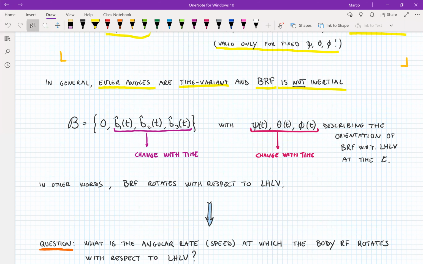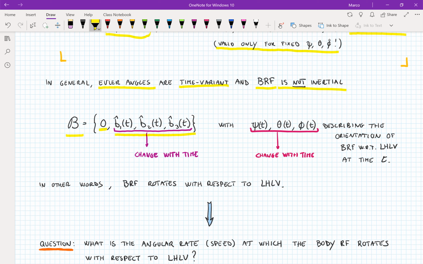So whenever we refer to our body reference frame, of course we have the origin, but now the versors that define the direction of the three axes of the body reference frame are not fixed, but their orientation changes with time. So B1, B2, and B3 are functions of time.